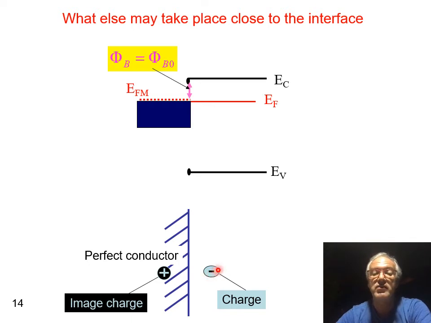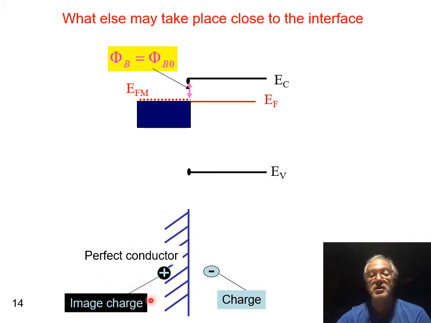And if there is a minus charge in front of the mirror, then it will be imaged by a plus charge on the other side. And the reason we have this plus is because we know that a metal doesn't let the electric field penetrate, so in order to fulfill the boundary conditions here for the electric field, there is an effectively positive charge generated on the other side.